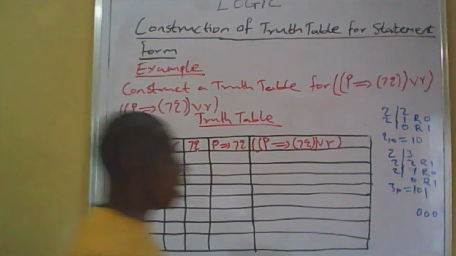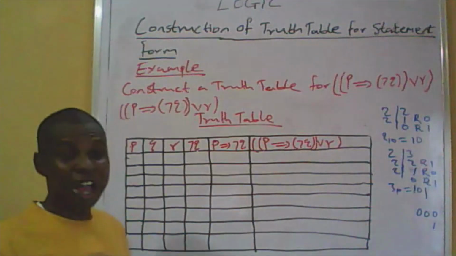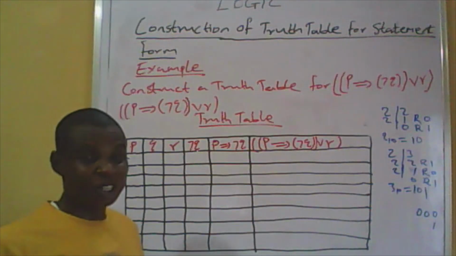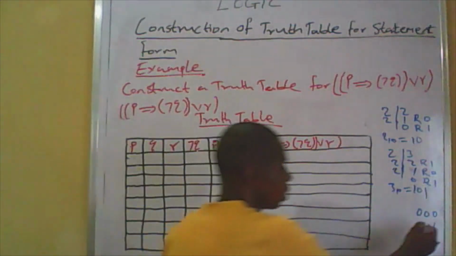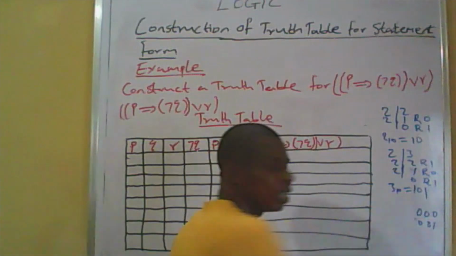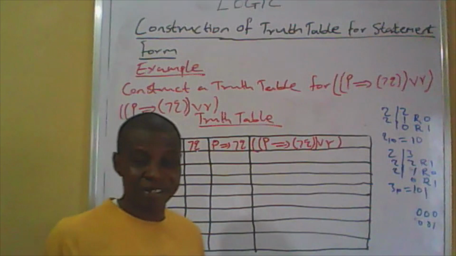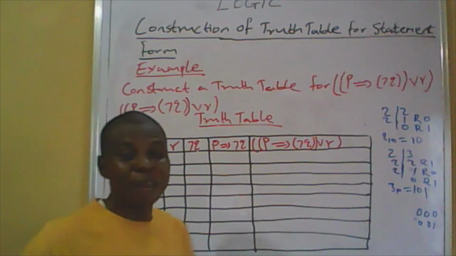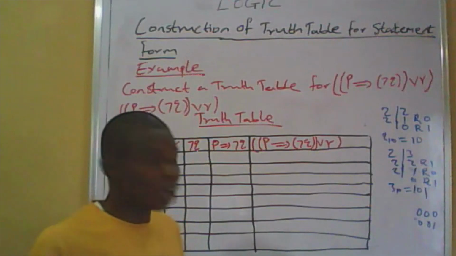Then for 2, we have 1. After 0, we have 1, which combines only 0 and 1. So here we are going to add two more 0s, 001, so that it will be 3 digits. In computers they call it bytes, but let us use our normal terms.